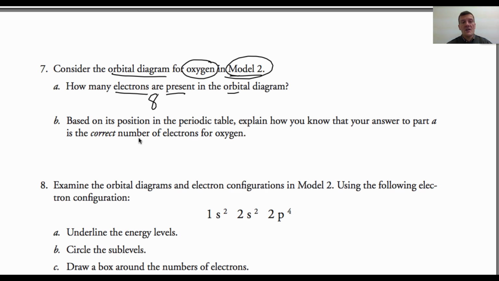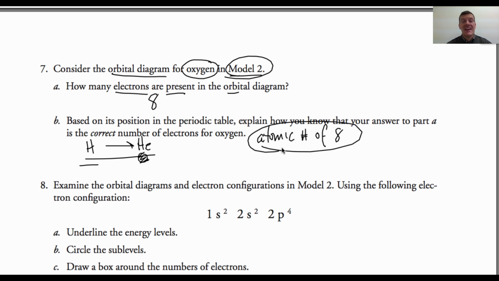So if you count from hydrogen to helium and then keep going, you're going to come across oxygen. That's not right under helium, okay? That's kind of deceiving. You're going to come across oxygen as the 8th element. It has an atomic number of 8. That's because it has 8 protons, but therefore if it's going to be a neutral atom, it also has to have 8 electrons. Okay?